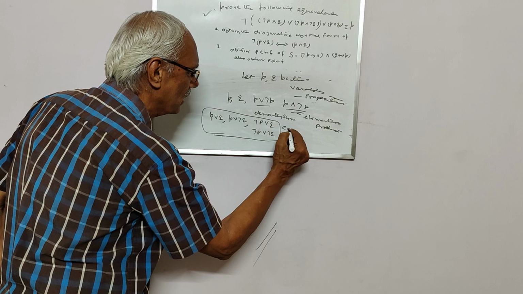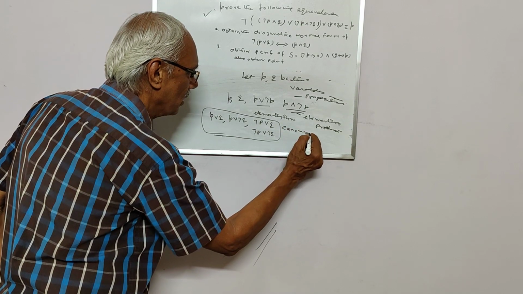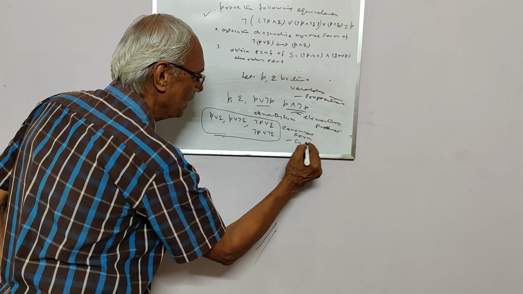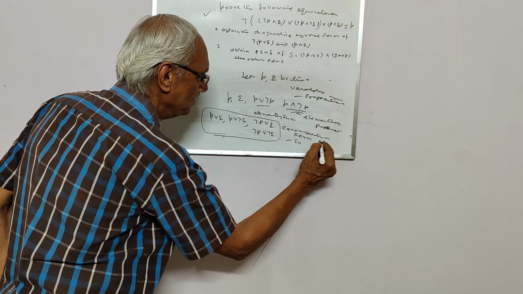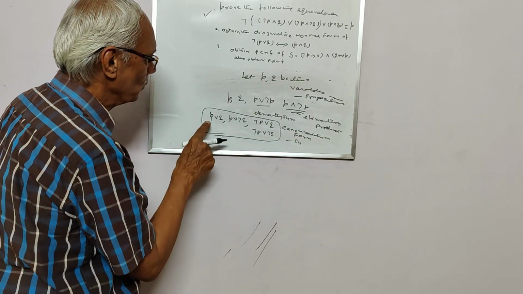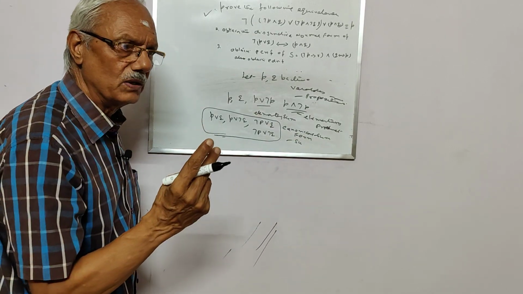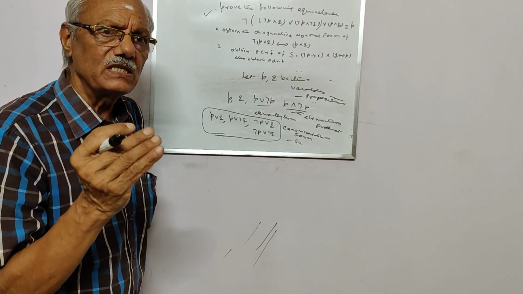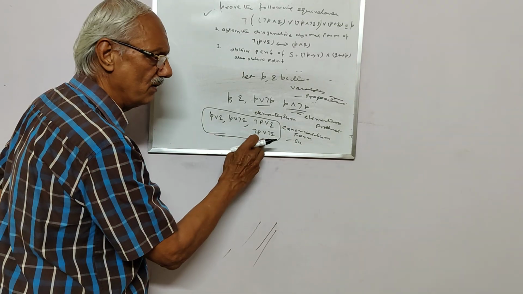This is called canonical form, or canonical sum. So if there are two variables, the number of canonical sums you can write is only 4.